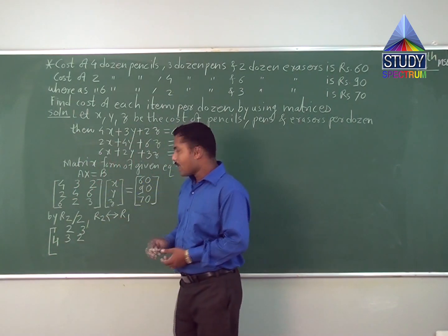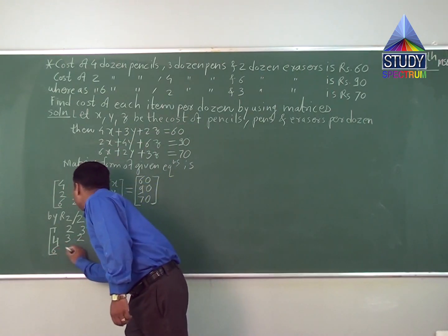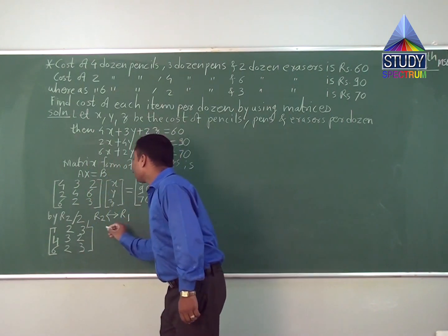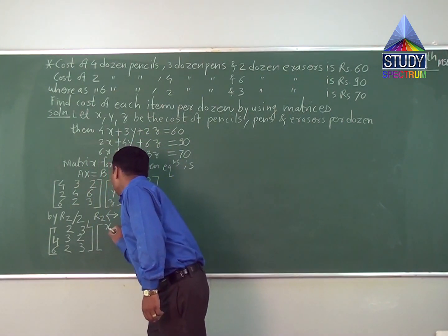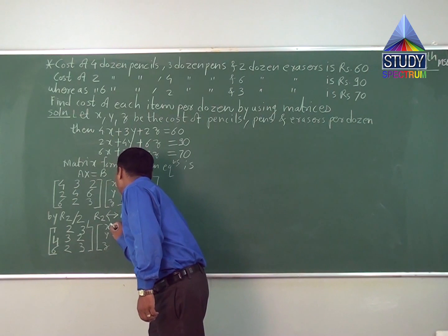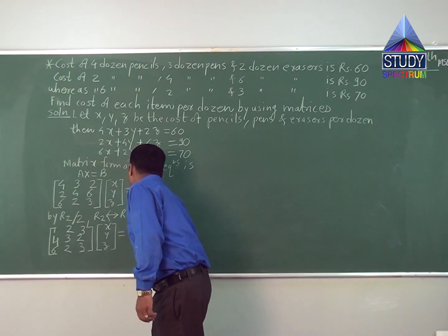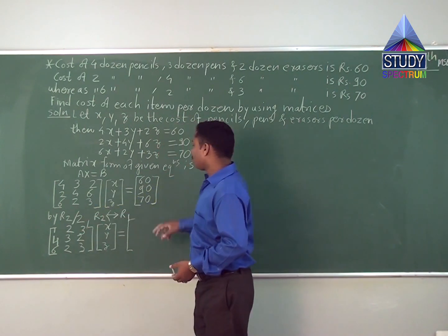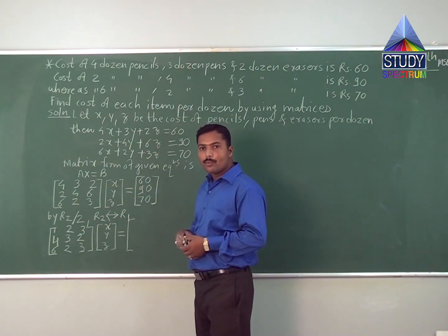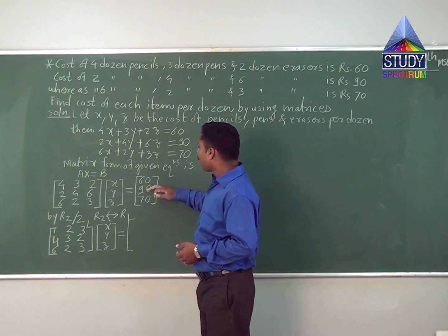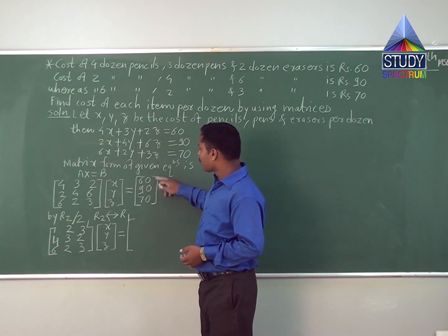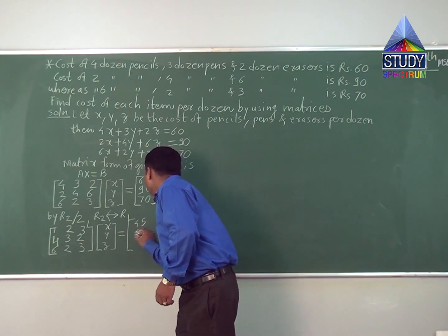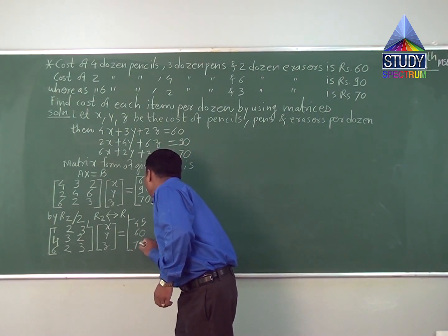Last row as it is: 6, 2, 3, and x, y, z as it is, equal to R2 upon 2, which means 90 upon 2, that is 45, interchanged with the first row 60. So 45, 60, 70.